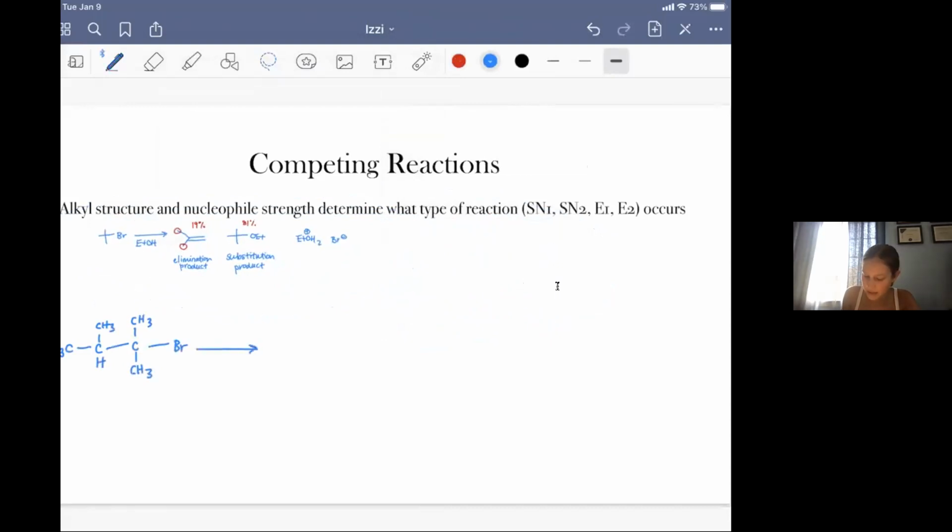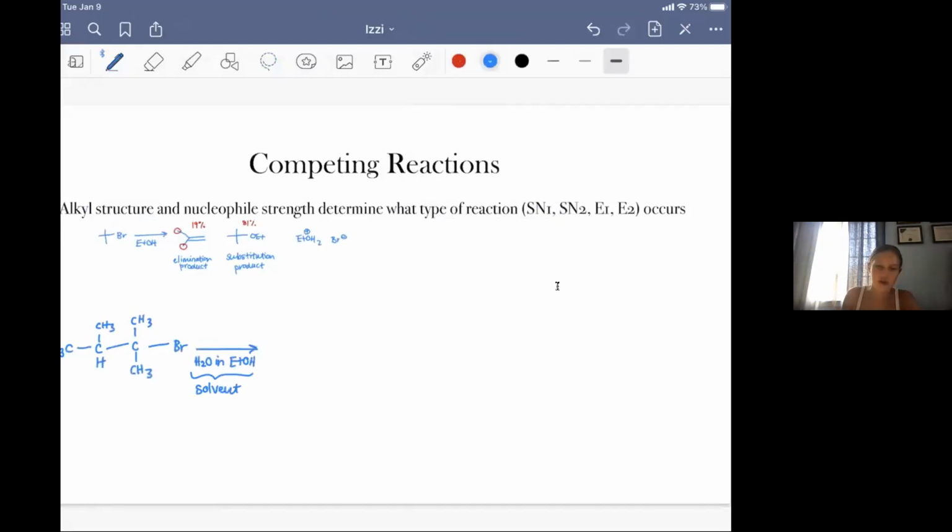And now we have H2O and ethanol. And this is our solvent. And again, we can expect to form multiple products.